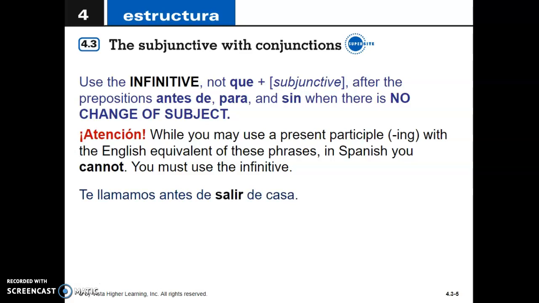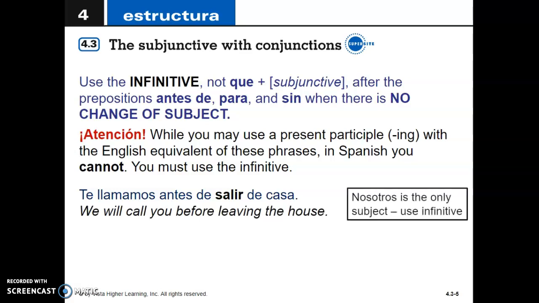Te llamamos antes de salir de casa. We will call you before leaving the house. So nosotros is the only subject. Use the infinitive. If you're asking, what about you? It's not a subject.